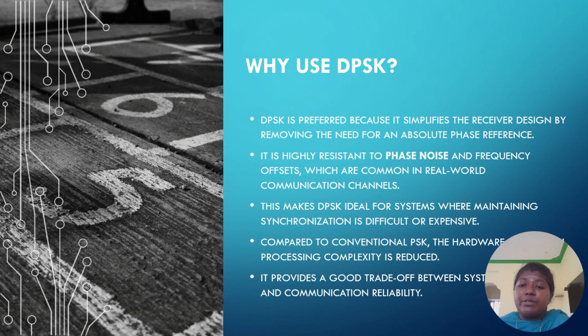It is commonly used in real world communication channels. In ideal systems, maintaining synchronization is difficult and expensive. Compared to conventional PSK, the hardware complexity is reduced, and it provides a good trade-off with communication reliability. Next slide.